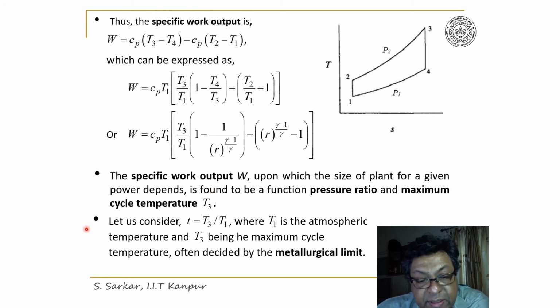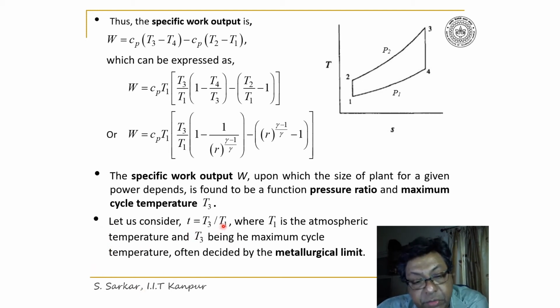Now let us consider here a variable small t. Small t is equal to T3 by T1, where T3 being the maximum cycle temperature, which is often dictated by the metallurgical limit, and T1 is the atmospheric temperature. So here I have introduced a variable small t.